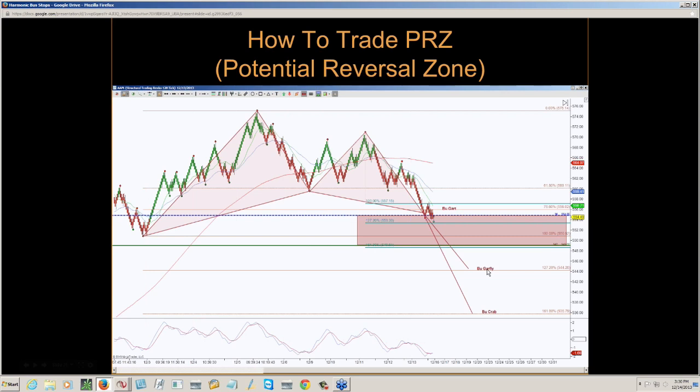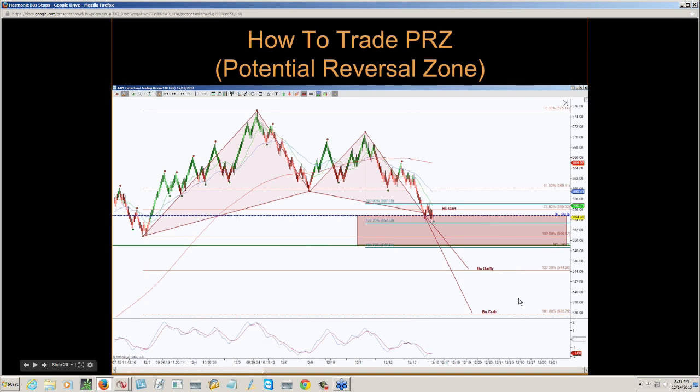I have seen it over and over again, and I draw harmonic patterns thousands of times, hundreds of thousands, I can't even begin to imagine how many I draw manually. But I have seen that if a Gartley fails to be a reversal point, it is merely a target to the 1.272, and that is the target for a butterfly. So I call it a Garfly.